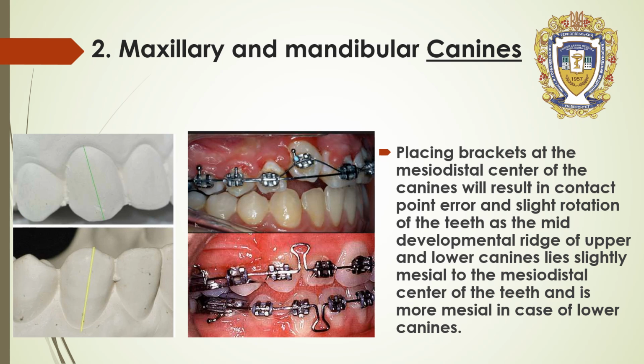Next group of teeth, maxillary and mandibular canines. Placing brackets at the mesiodistal center of the canines will result in contact point error and slight rotation of the teeth. The mid-developmental ridge of upper and lower canines lies slightly mesial to the mesiodistal center of the teeth and is more mesial in case of lower canines.